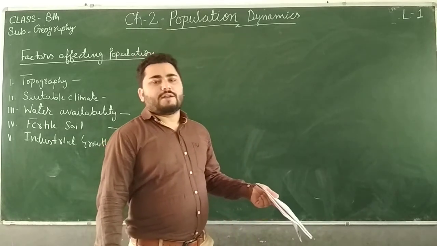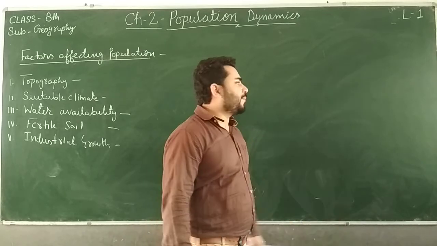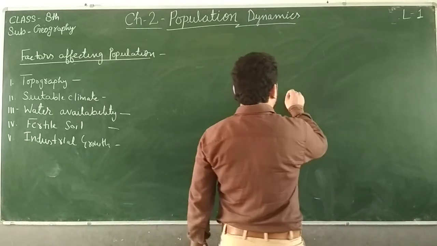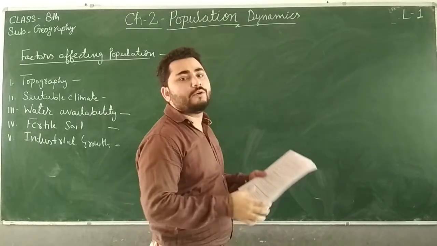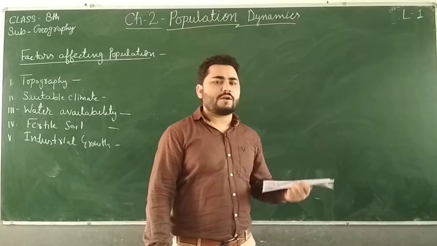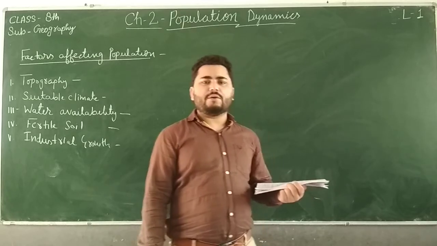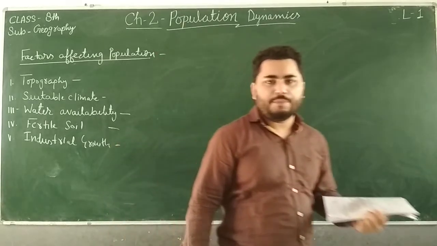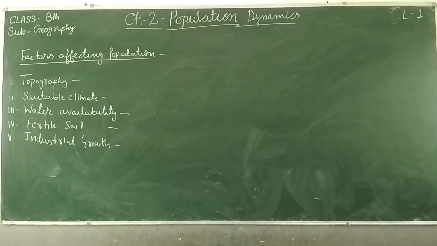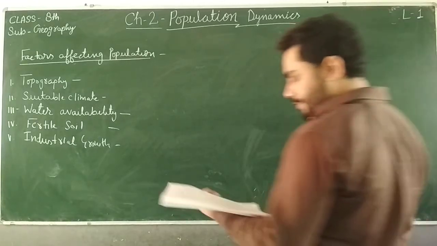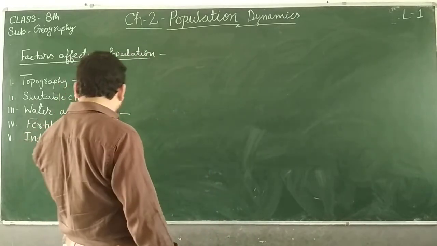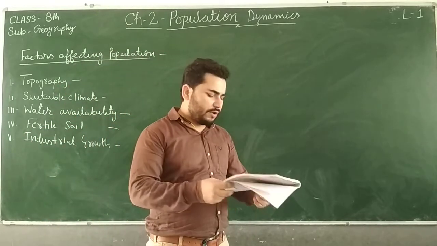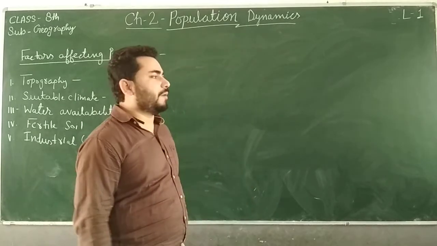So people will prefer to live at a place where they will get jobs, a livelihood. If they are not able to earn money or their livelihood somewhere, then what will happen? They will leave that place and go in search of a place where they can find these things. So industrial growth, due to huge employment opportunities, the industrial regions of the world have a high concentration of population.